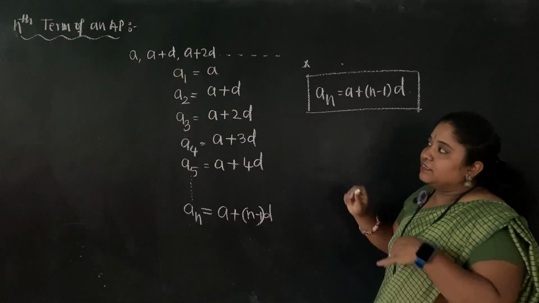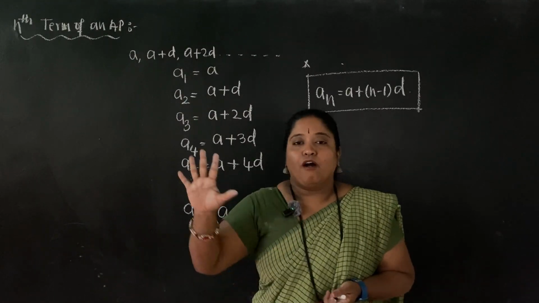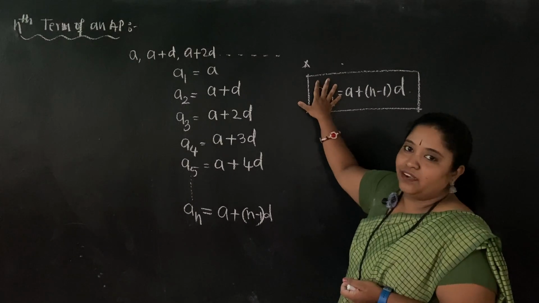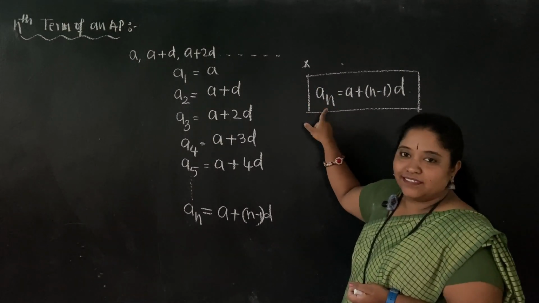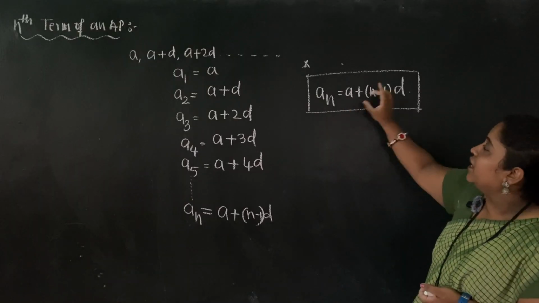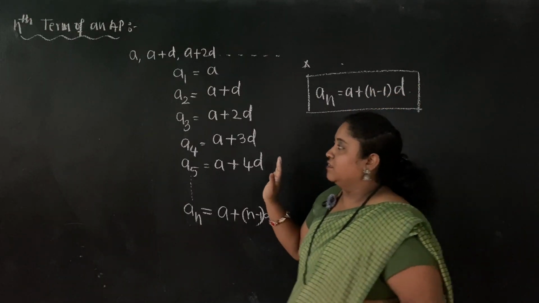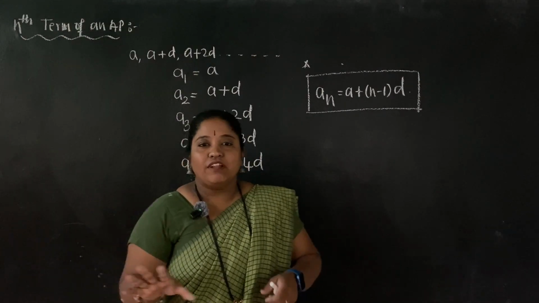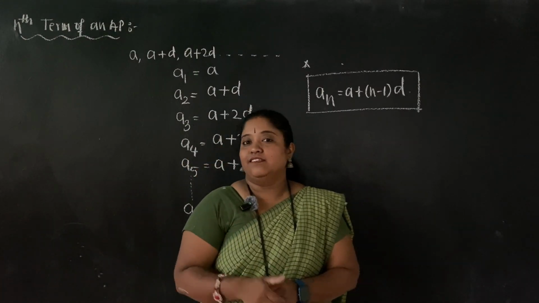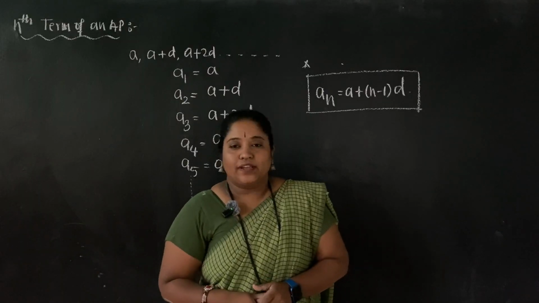Now the second exercise depends totally on this formula, where an is the nth term of an AP, a is the first term, n is the number of terms, and d is the common difference. Now we'll start with the second exercise, which is a very important exercise related to the board examination.